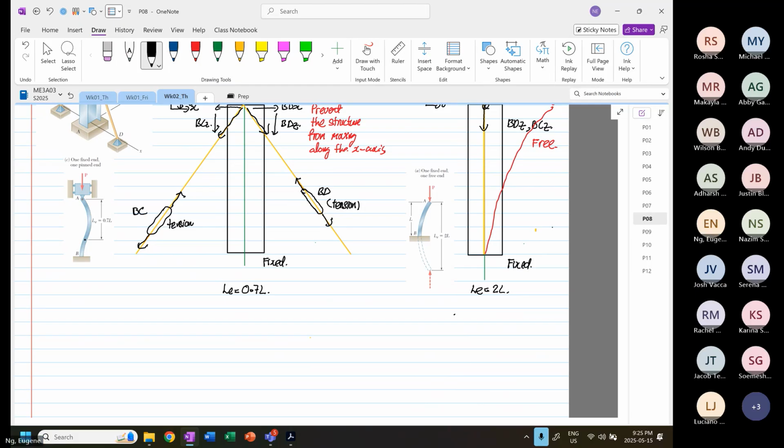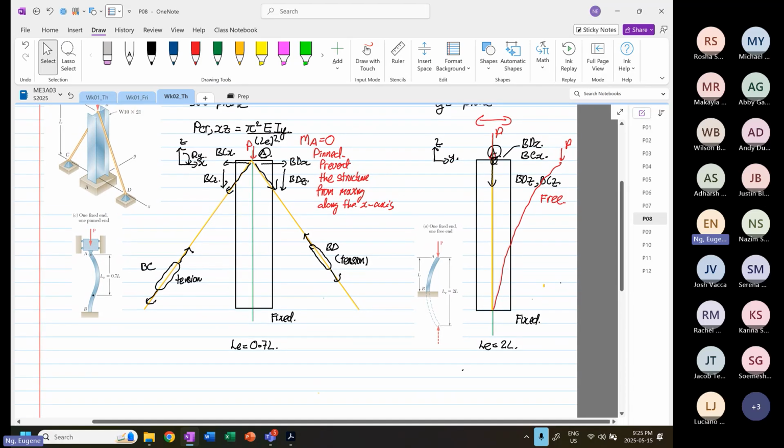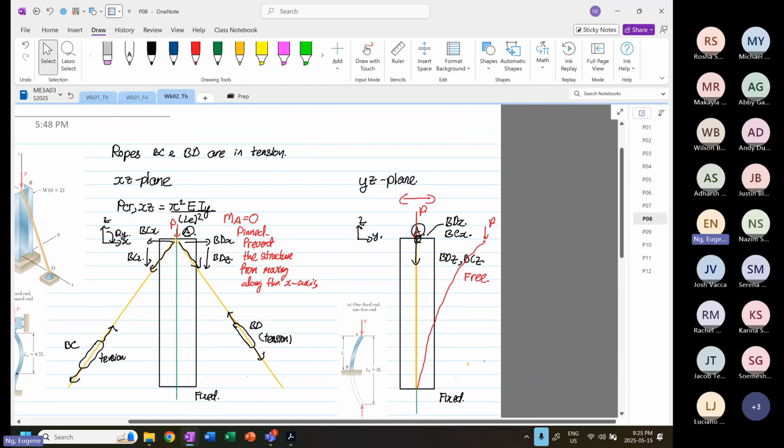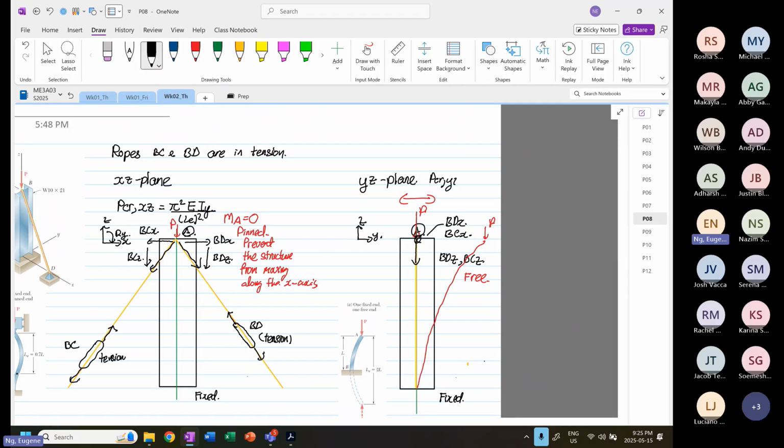If we were to write out, I do apologize, I did not write up the formula for this case. So for this case, we have PCR in the YZ, and this is equal to pi squared EIX over LE squared.